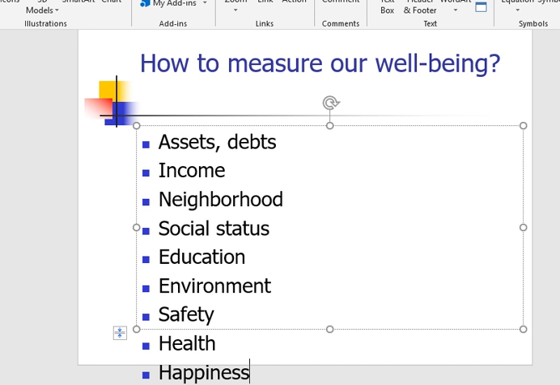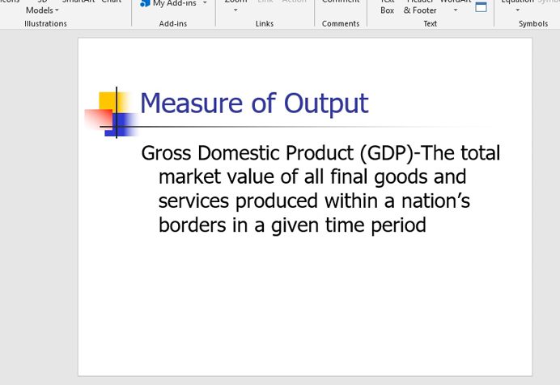So now, let's turn to the first economic indicator. One of the most important economic indicators is output. Output, simply put, is the amount of goods and services produced by an economy.